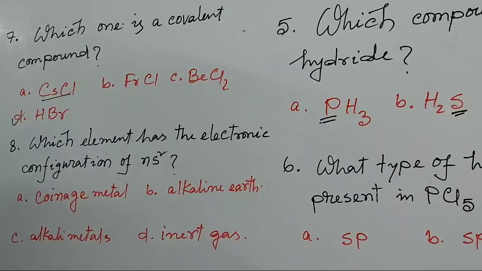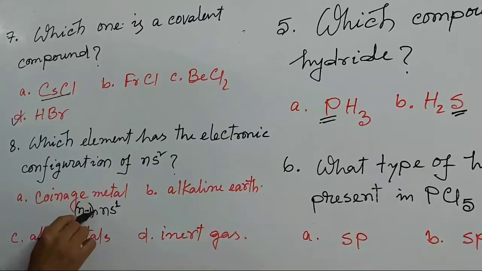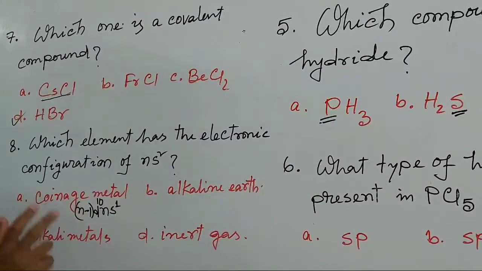Those are the elements of group 11. So the common electronic configuration of group 11 is ns1 (n-1)d10. So option A is incorrect.